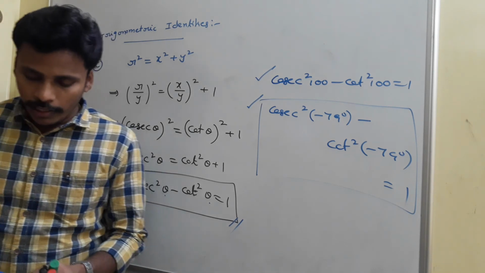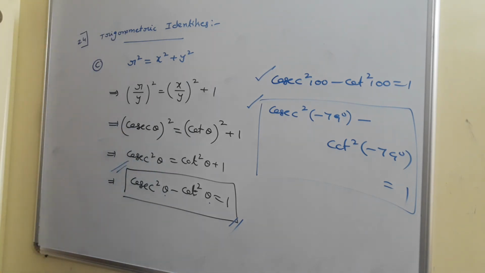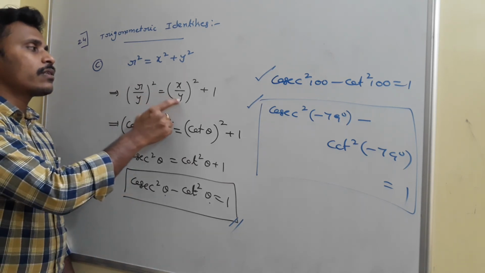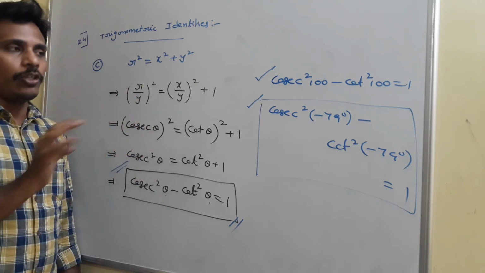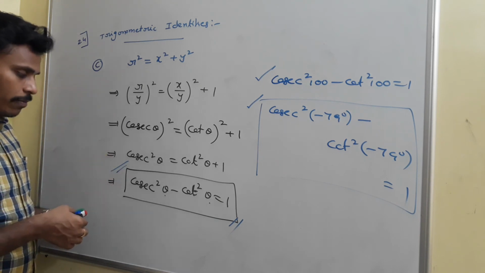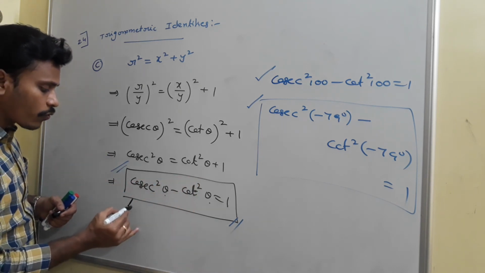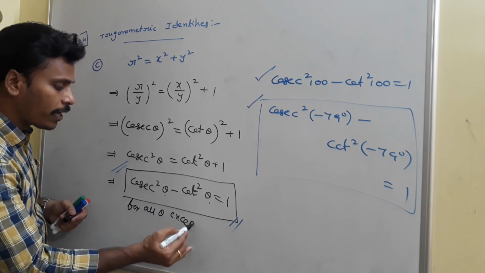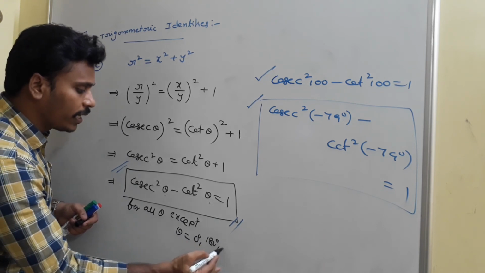And again, if you think, this identity also has some exceptions. What are those exceptions? Since we are dividing this Pythagorean result with y square, y square can't be 0. If y square is equal to 0, then this identity is not acceptable. That's why I need to mention that cosecant square theta minus cot square theta is equal to 1 is true for all theta except theta equal to 0 degrees, 180 degrees, and so on.